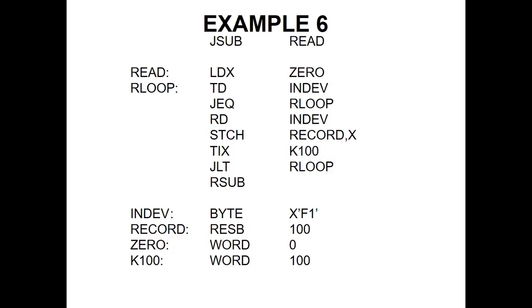Then when you are done and you want to come back to the main program, you say return from subroutine. So you shouldn't forget that. You say jump to subroutine when you are going to run a function, and then you say return from subroutine when you come back from the function.